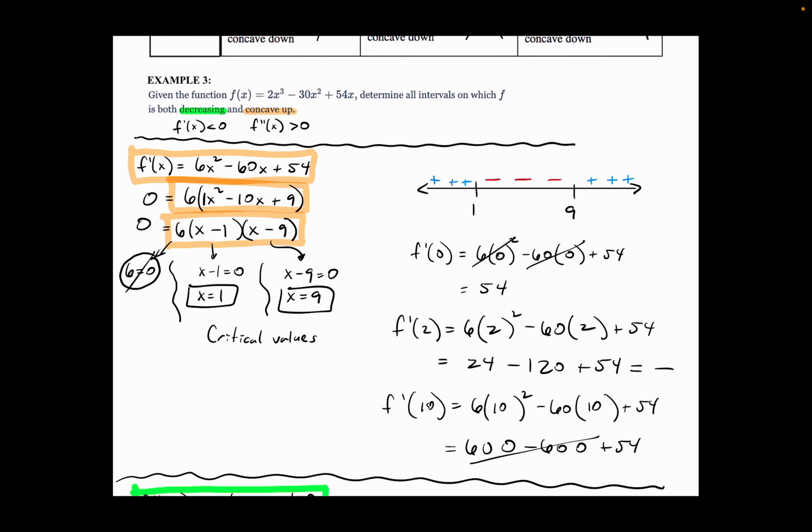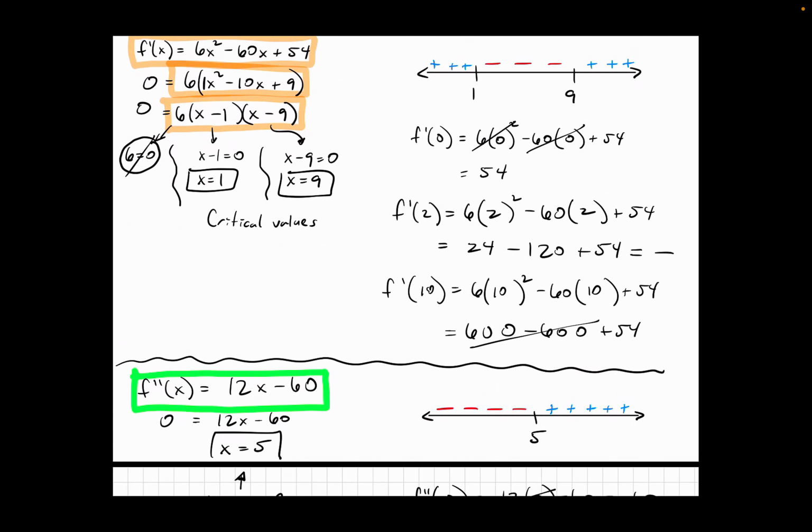Okay, that's that first one. Now I'm going to take this and put it right on top. So there's 5 here, right? And then we said after 5 is positive. Before 5 was negative.